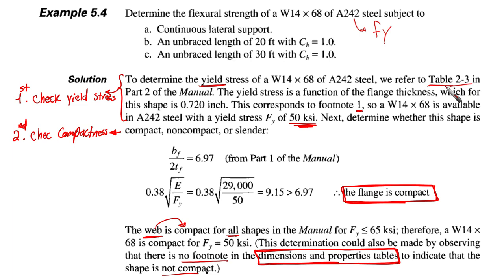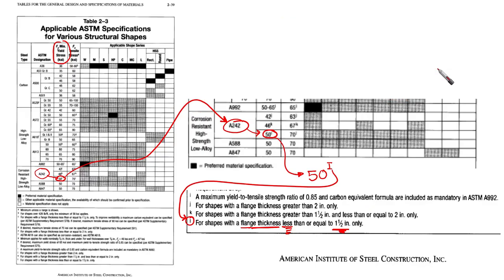The yield stress for this is a function of the flange thickness, which for this shape is 0.72. This is from the dimensions and properties table. For our cross section, you can find that the thickness of the flange is 0.72. Then when we go to this table here, this is Table 2-3.